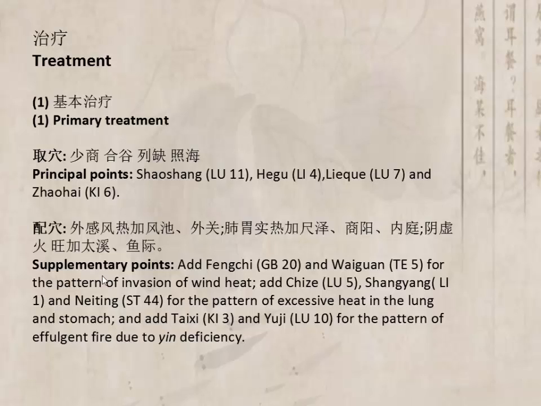But in the second case here, the heat is internal, it's not external anymore. So we're not trying to release the exterior. Jingwell and Ying spring points have more of an acute kind of exterior functionality to them. Lung 5, what's the nature of this? It's a he-sea point, so it goes deeper to the organ.